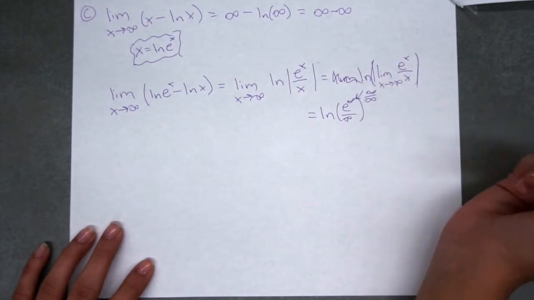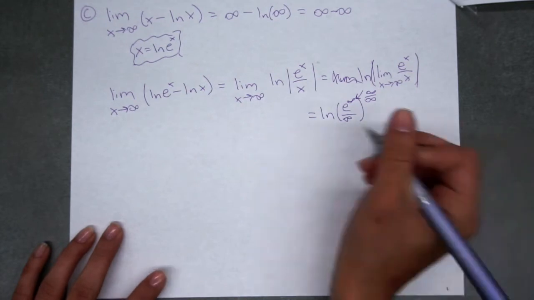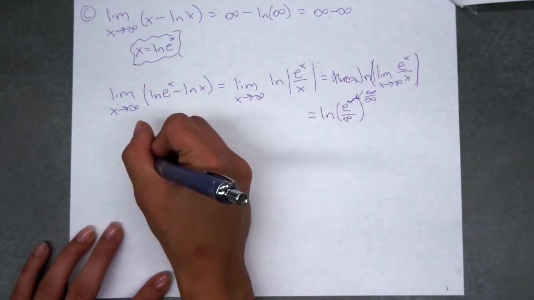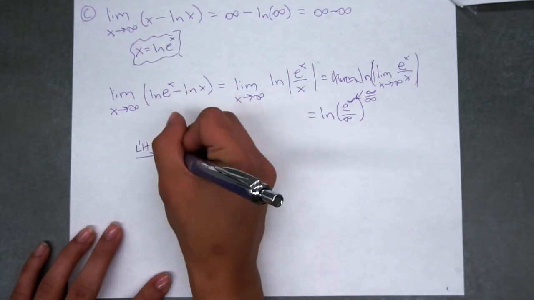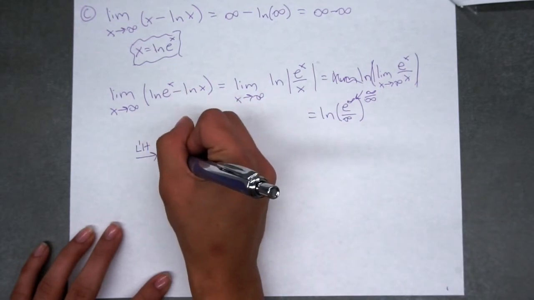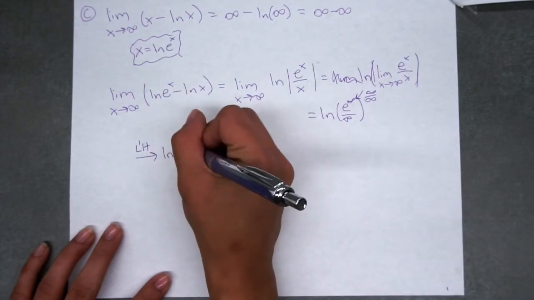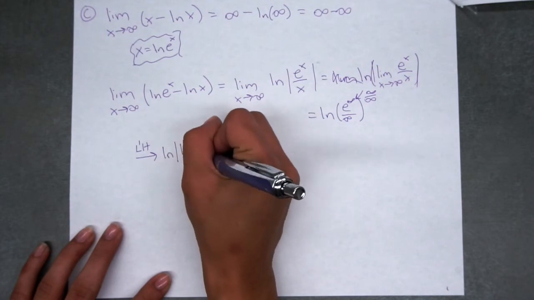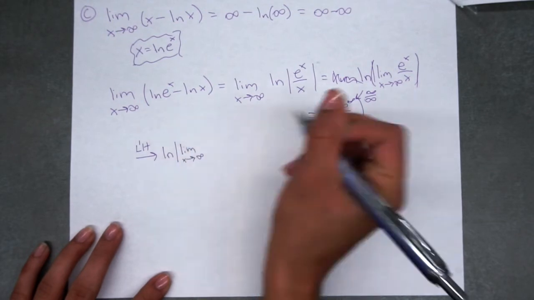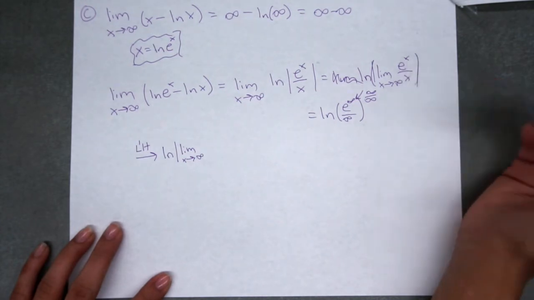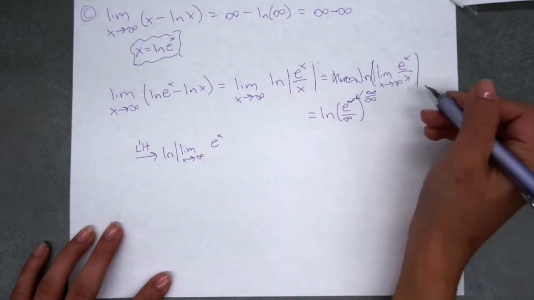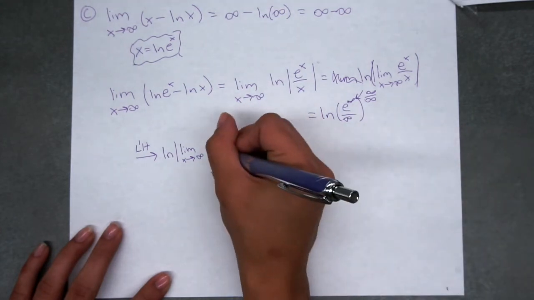Therefore, now we can finally apply L'Hopital's rule to this problem. So we're going to go back to this step. The derivative of e to the x is just e to the x. The derivative of x is just 1.